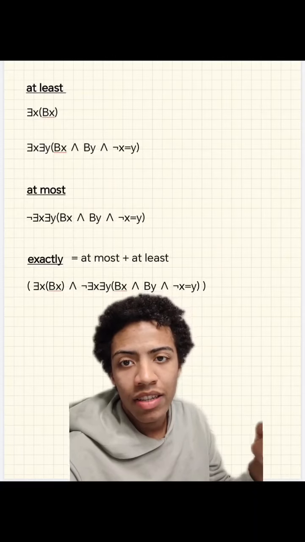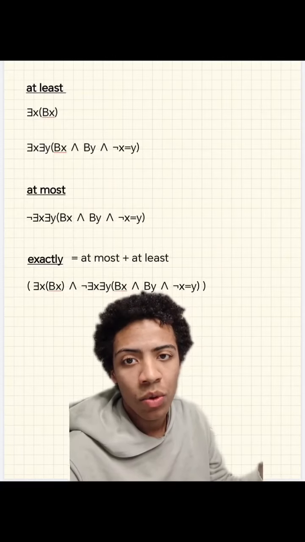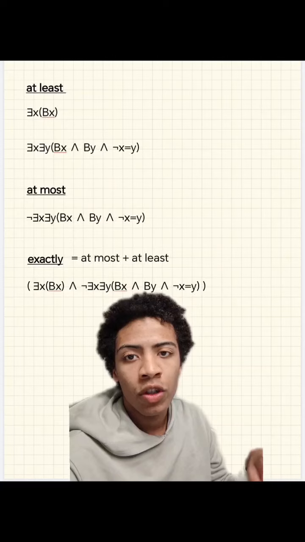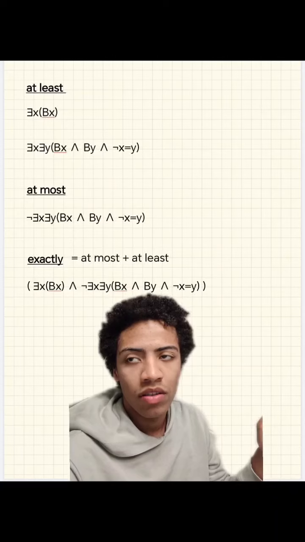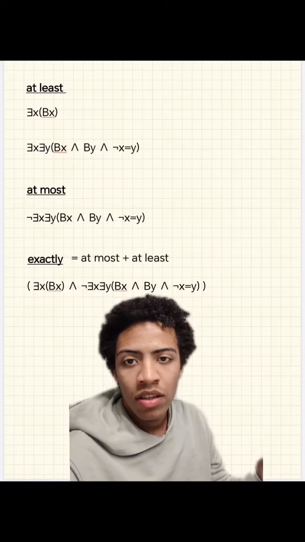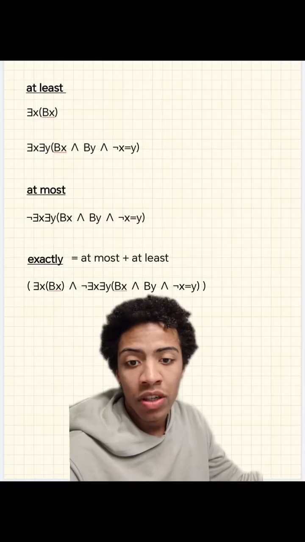At least, that's just the existential, at least one. So existential x, b, x, that's whatever, that's at least one of b. And then if you want to go further than that one, you go at least two, for example.